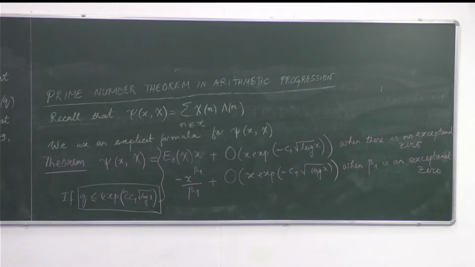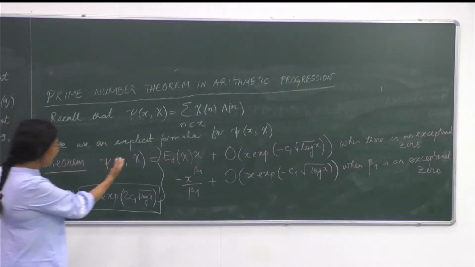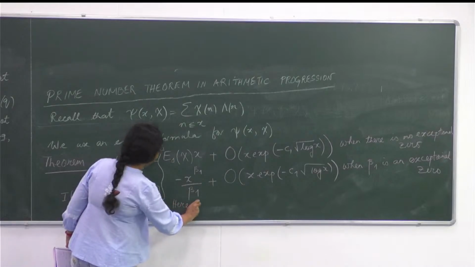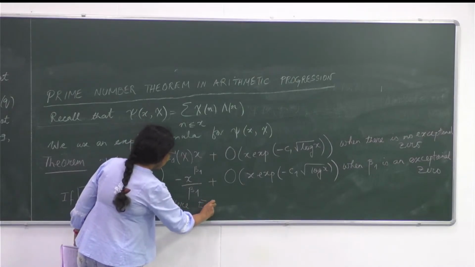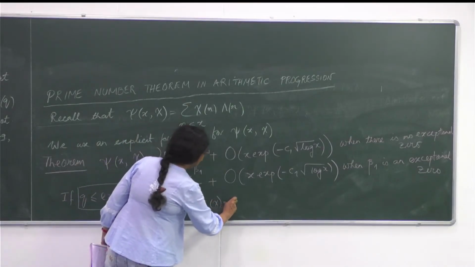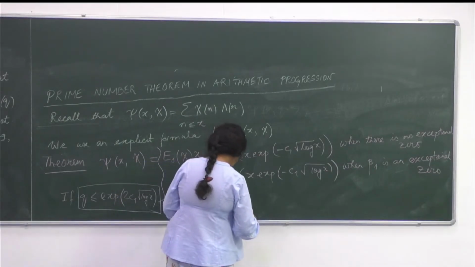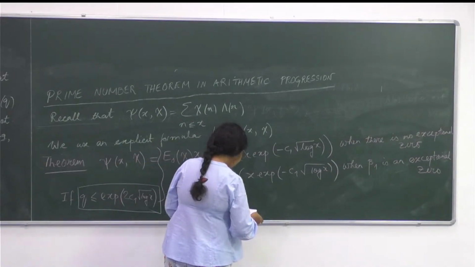And E0 chi is either 1 or 0, depending on whether chi is equal to chi 0 or not.